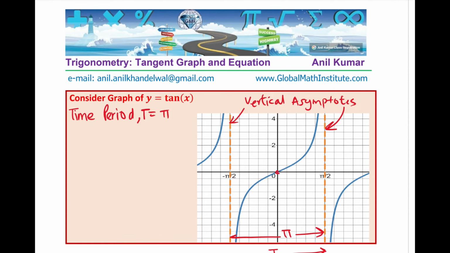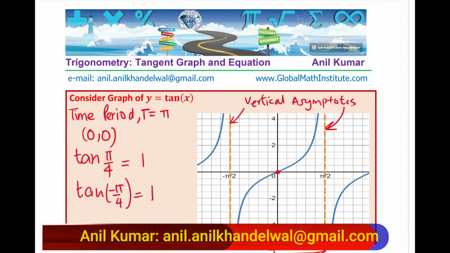We know at 0, it is 0. Now, the critical point is, what is the value of tan pi by 4? We know tan pi by 4 is 1, and tan of minus pi by 4 is minus 1, correct? So it's an odd function.